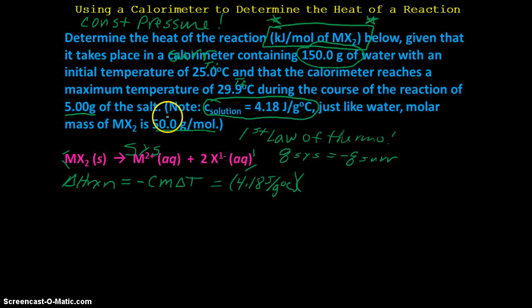And so when I look at the mass of this reaction or mass of the calorimeter, I have to then include the 5 grams of salt in with it. So we'll be taking this and this together to make the mass of the solution that's gaining temperature. Alright, so 150.0 grams. And, oops, sorry, I said to do that and then I didn't do it.